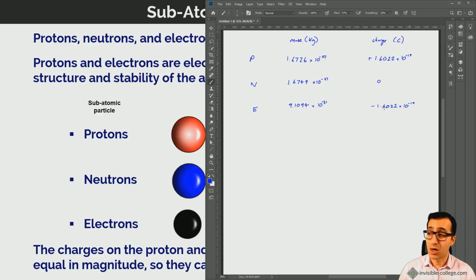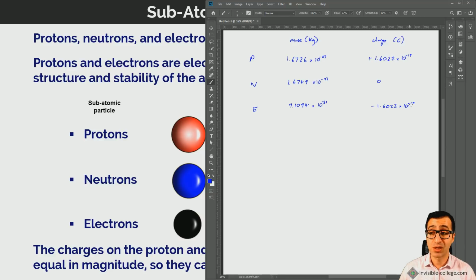The amount of charge on a proton or an electron, this number here, is called the elementary charge. Now, the term elementary charge means that it's the smallest unit of charge that can exist on an object. Strictly speaking, that's not true. Things like quarks, for example, have a smaller unit of charge on them.